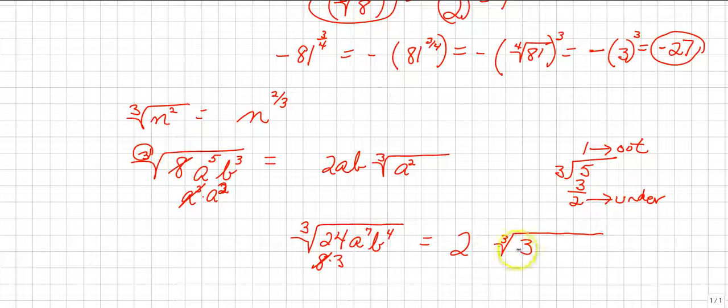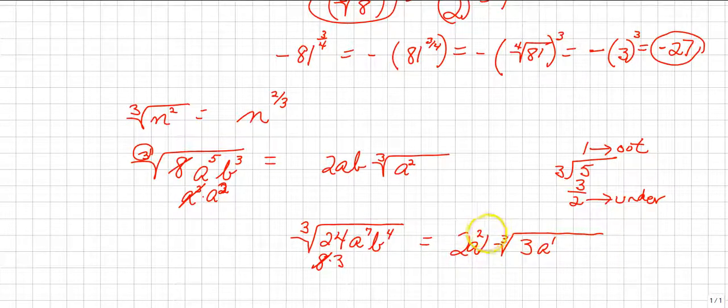Now for the a to the 7th, again, you divide. 3 goes into 7 twice, so that twice is what comes out. a to the 2 power. And there's a remainder of 1. 3 goes into 7 twice with a remainder of 1. So that 1 is what stays underneath the radical. One more time on the b to the 4th. 3 goes into 4 once.